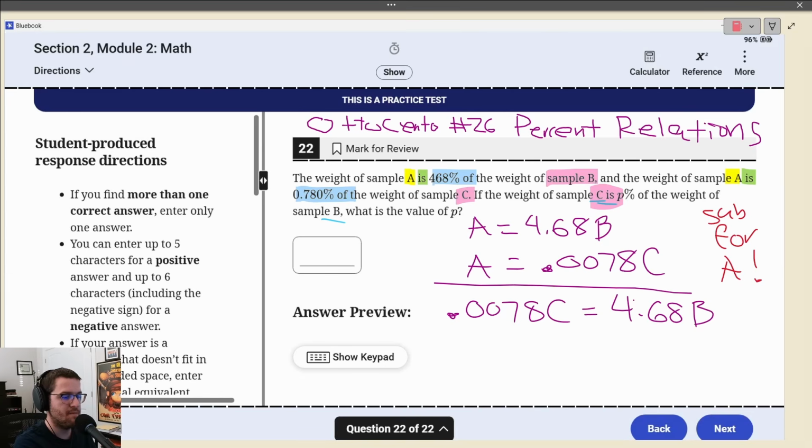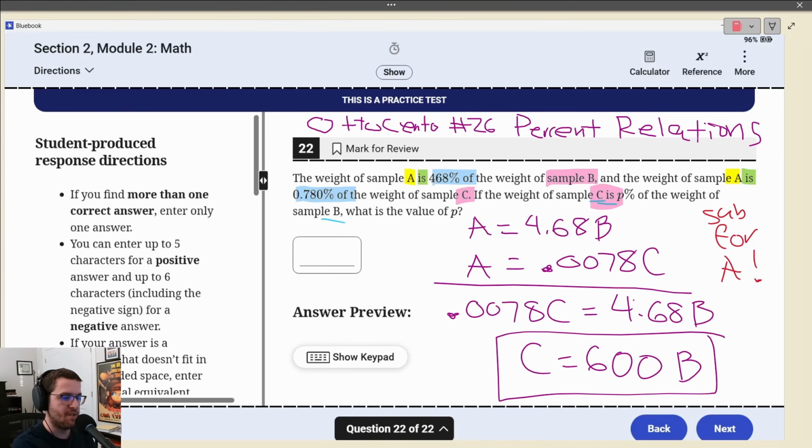I got C equals 600B. And it says C is P% of B. And now you guys can see, oh, the 600 is the P% of.